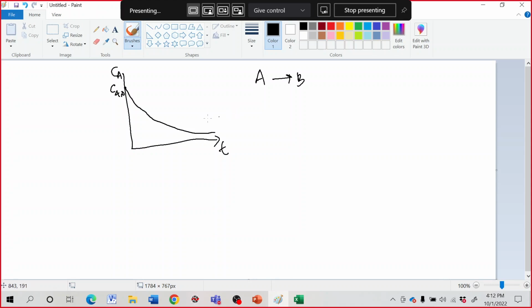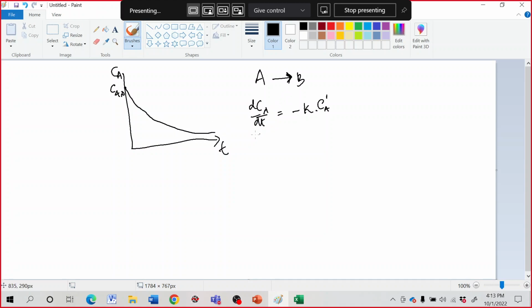And this graph is basically dCA/dt equals minus k CA. We say that this is first order because CA is to the power of 1. If it's zero order, that means CA to the power of 0, that means only k. But typically these kinds of reactions are approached as first order because they have seen many of these data.